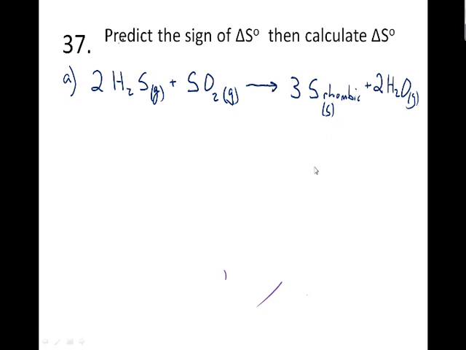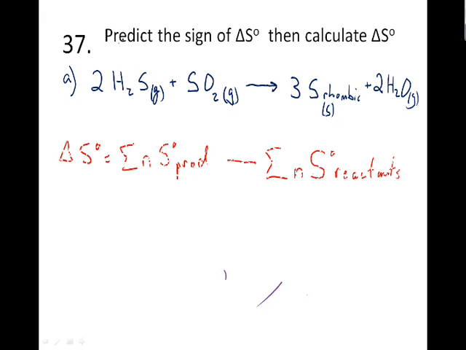So let's calculate it. Of course, to calculate it, you remember we're going to use this equation. It's on your equation sheet for the AP chemistry test that you'll be able to use. The standard entropy of a reaction is the sum of the standard entropy for the products minus the sum of the standard entropy of the reactants.